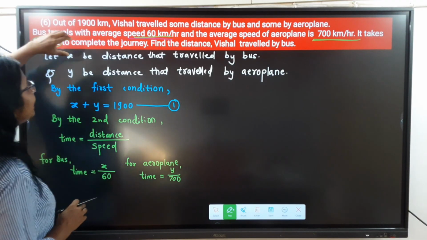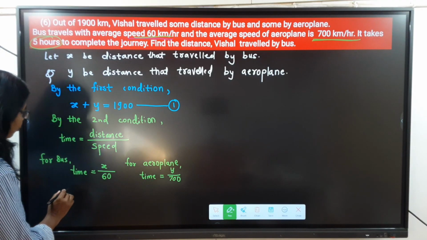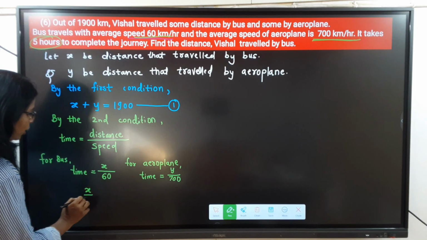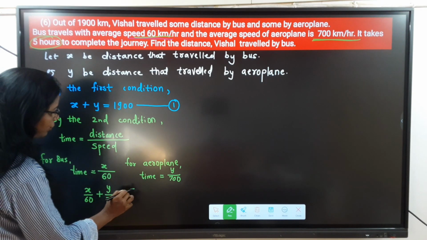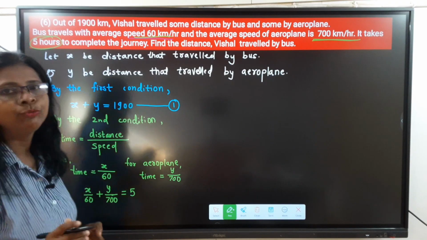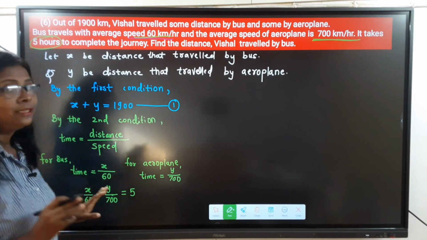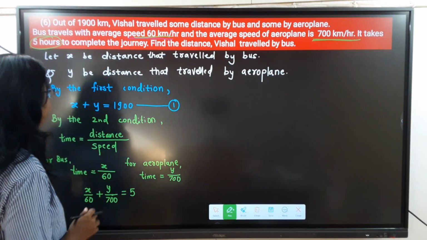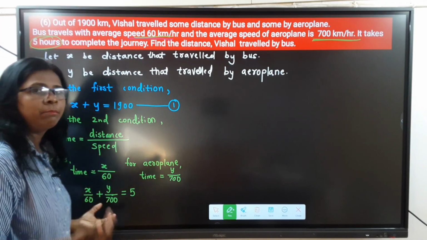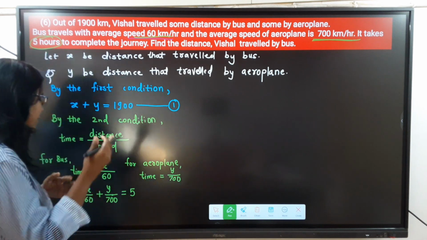Now here students, combiningly they complete the journey in 5 hours. So that means x upon 60 plus y upon 700 is equal to 5 hours. This is nothing but our second equation, but it is in a complex form, so we simplify it further and then call it the second equation.